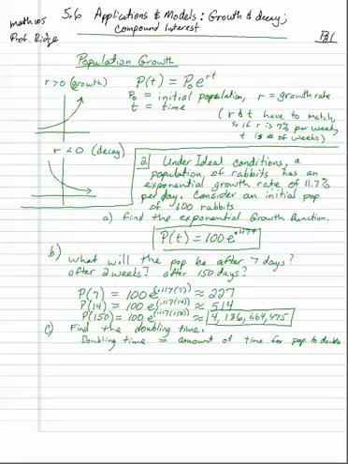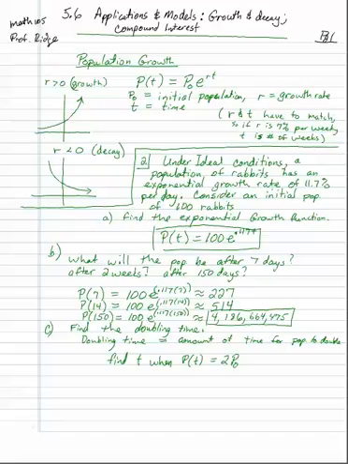All right, and c, find the doubling time. Well, I haven't told you yet. Doubling time is the amount of time for the population to double. So basically you want to find t when P of t equals twice the initial population.